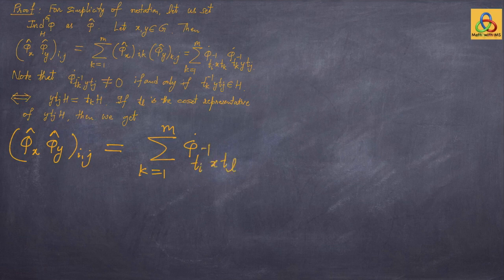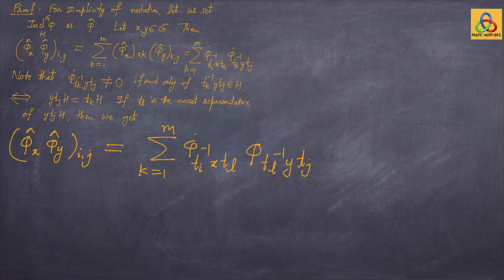Why is it so? Because Tk H is the same as y Tj H, but y Tj H will be some TL H, because T1 to Tm are a fixed complete set of coset representatives. So I can take k to be L, and the other phi dot I can replace by just phi of the value, which is phi of TL inverse y Tj.